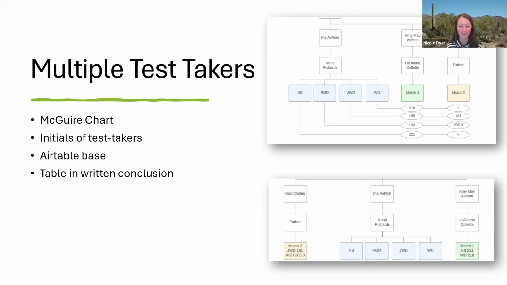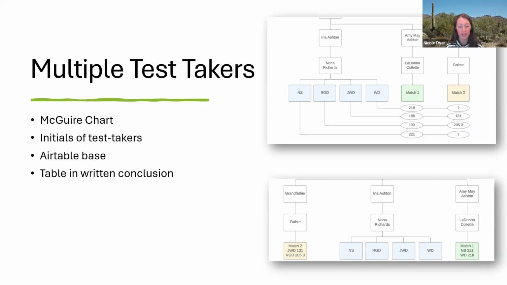I always use different test takers that are closer generationally, like my grandparents or my mom or a first cousin once removed closer to this research subject. Whichever test takers you're using, you'll want to chart the matches to the ones that are closest generationally and focus on them. For this particular project, there were 4 test takers who descended from Cora May Lindsay, and they're in the blue boxes.